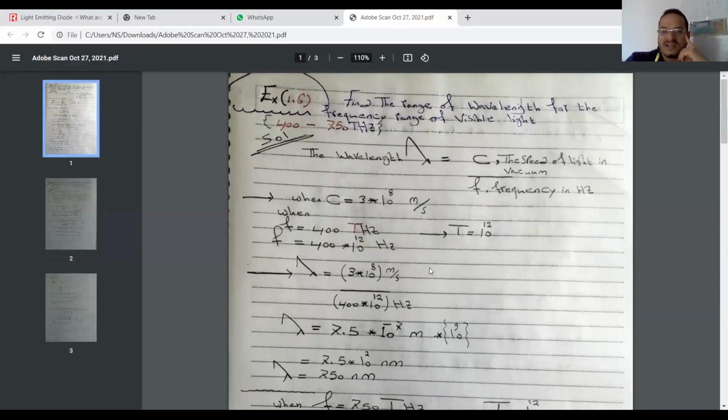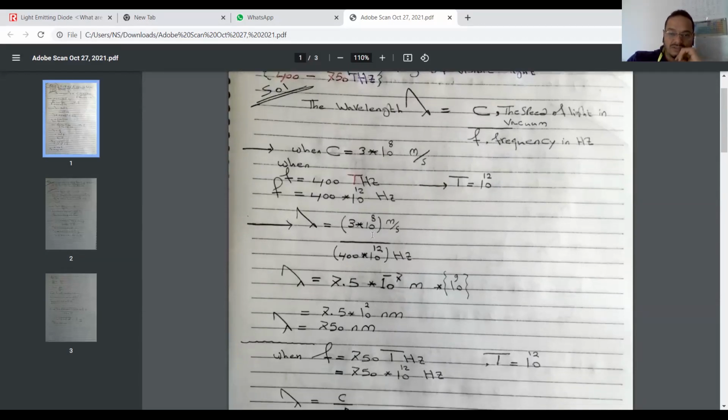At first, find the range of wavelength for the frequency range of visible light, starting from 400 to 750 terahertz. By using this equation, lambda, the wavelength, equals the velocity, the speed of light in a vacuum, divided by the frequency, 3 times 10^8 meters per second. Here we must convert terahertz to hertz, and after that divide c by the frequency.